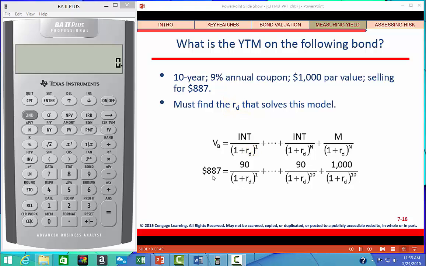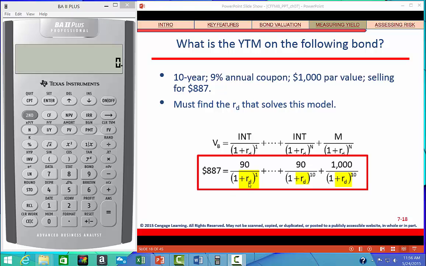And so you can see if you set this up the equation method where the price is equal to all of the cash flows, which if it's a 9% bond, then the coupon payments will be $90. And then at the end of 10 years, you'll get your $1,000 back and your last $90 coupon payment. Well, you can see that you would have to figure out some rate and keep plugging this in until you found the right number that made the present value of these cash flows equal to 887.